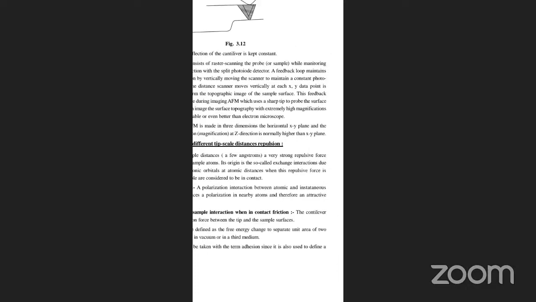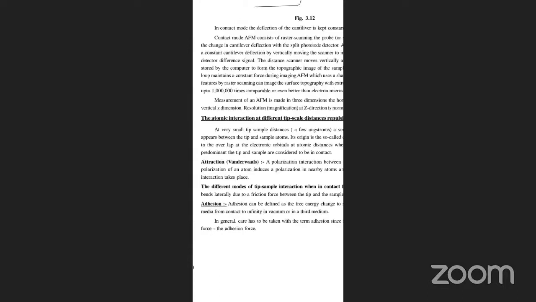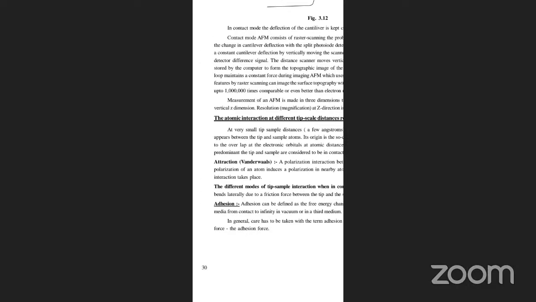The atomic interaction at different tip-sample distances. Repulsion: at very small tip-sample distances, a few angstroms, a very strong repulsive force appears between the tip and sample atoms. Its origin is the so-called exchange interaction due to the overlap of the electronic orbitals at atomic distances.